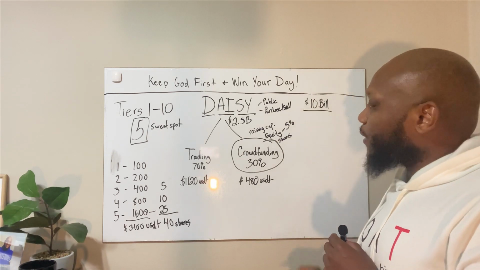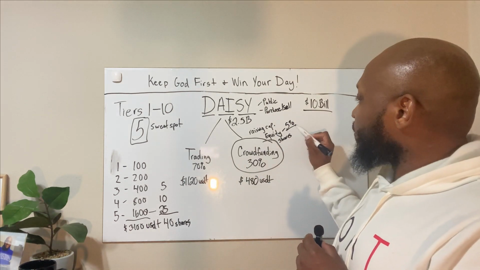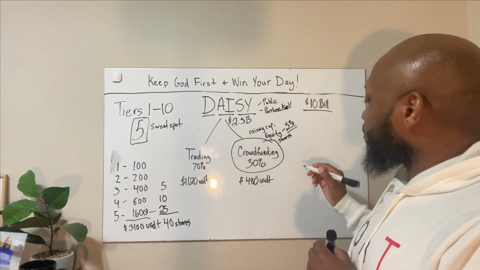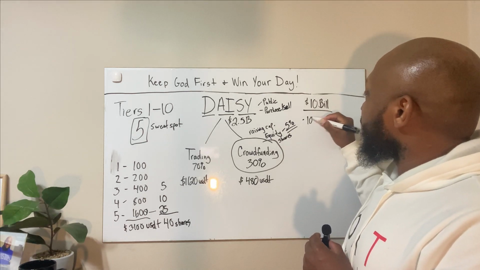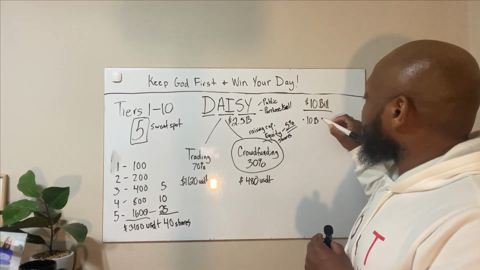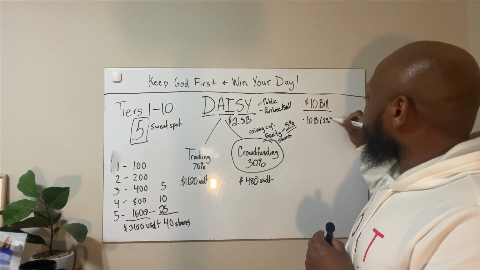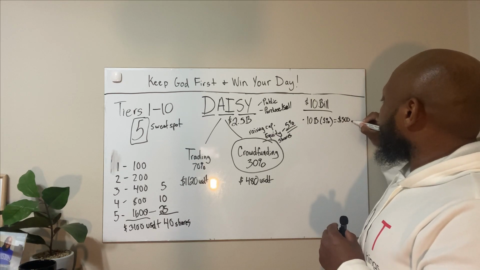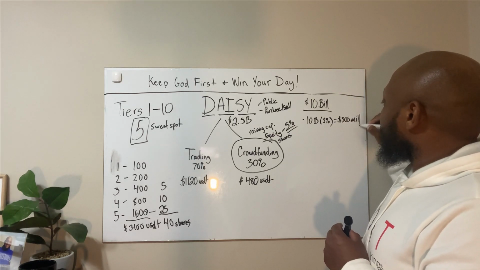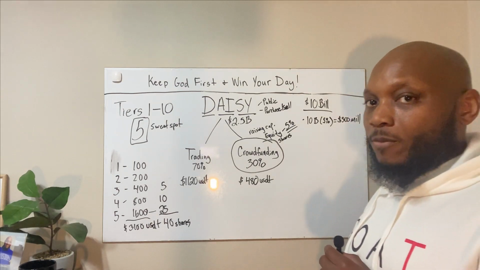First, they're going to put 5% aside for its members. So that's literally just 10 billion times 5%, which gives you $500 million set aside that is going to go to its members. All right.